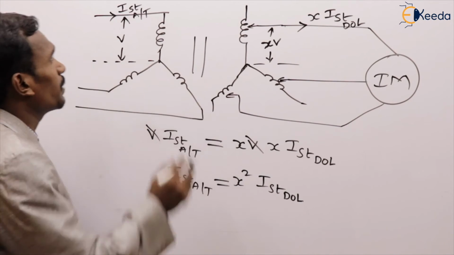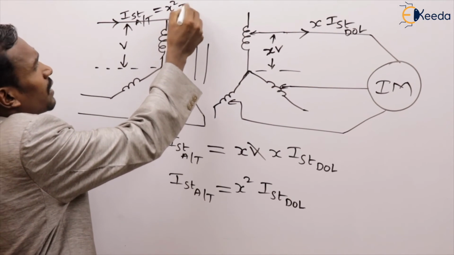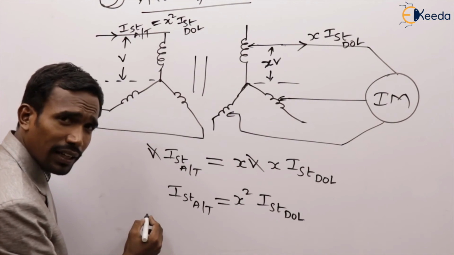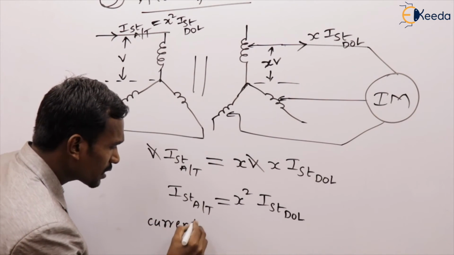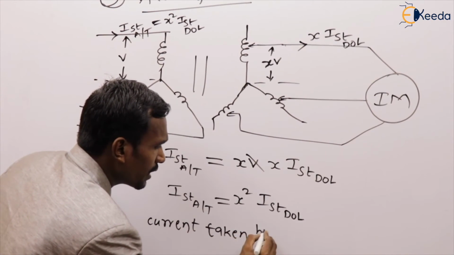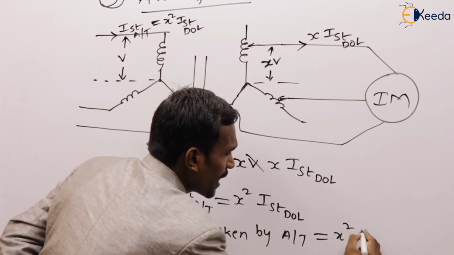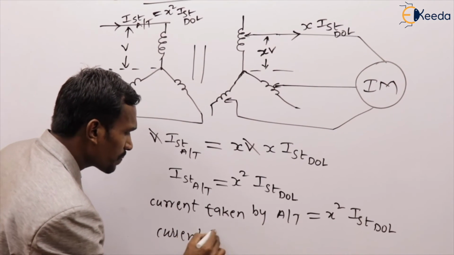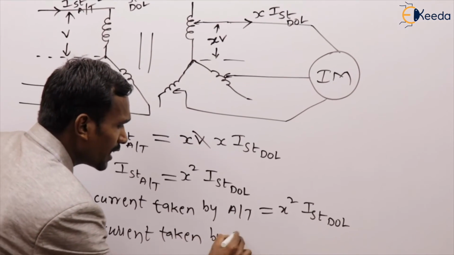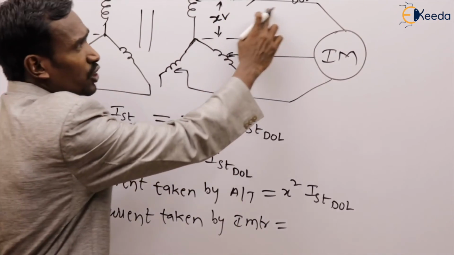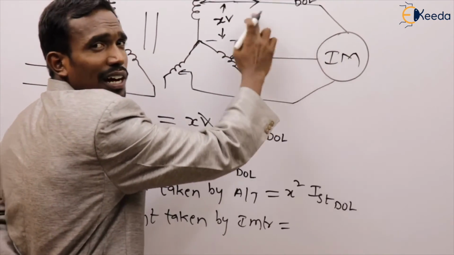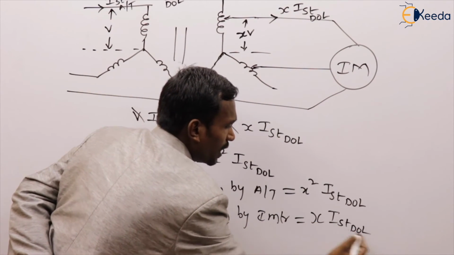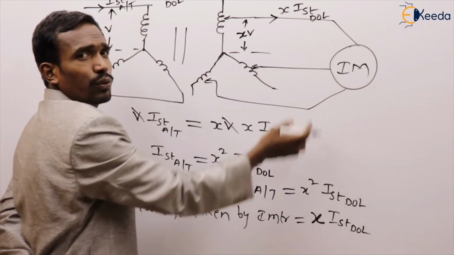This is very important. Nothing but the current taken by the auto transformer is X square times of the starting current in DOL, but the current taken by the induction motor is X times of the starting current in DOL.